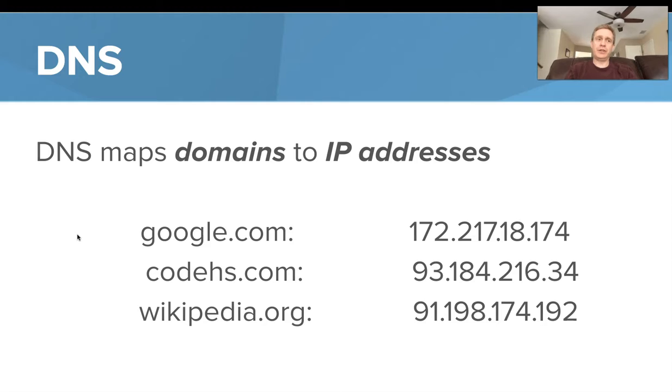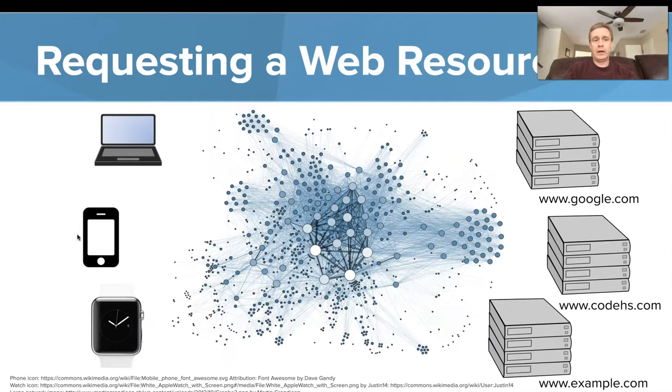Instead, you just hit their name, and then your phone will get the phone number and actually make the call so that you can talk with your friend. And the way that you call your friends on your phone is the same way that DNS works.